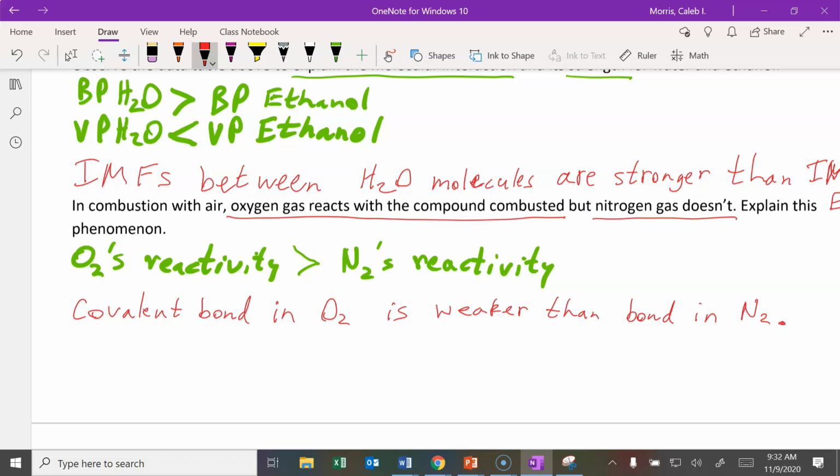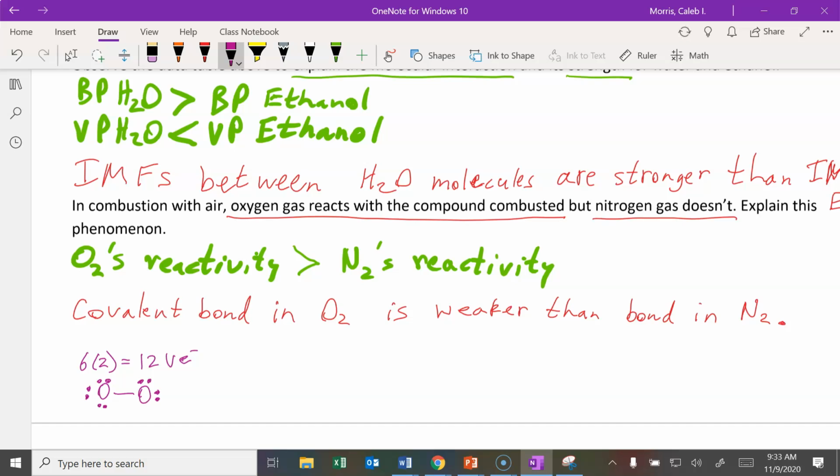And why is that? Well, we could actually draw the structures out. Oxygen has 6 valence electrons multiplied by 2, because oxygen is O2. So we have 12 valence electrons. You draw oxygen, that's 2, 4, 6, 8, 10, and then 12.